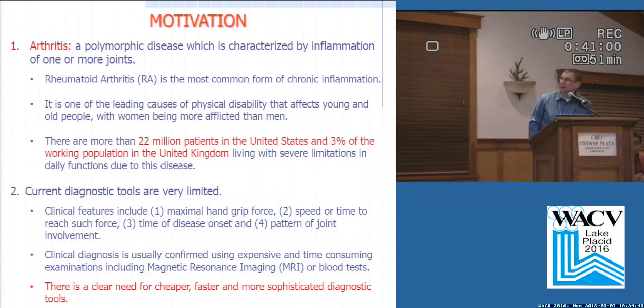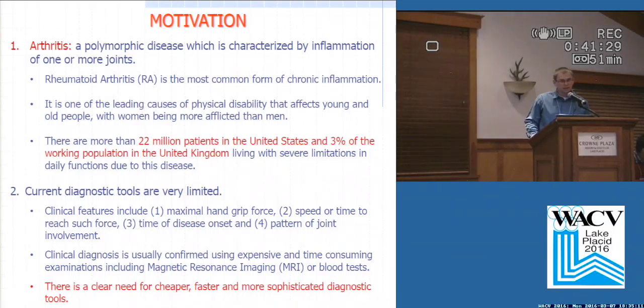The problem that we study in this paper has two main motivations, and it's a problem of diagnosing arthritis. The first motivation is that arthritis is extremely widespread in our society, and it causes some severe physical disability. This presents a need for cheap and fast diagnostic tools for this disease.